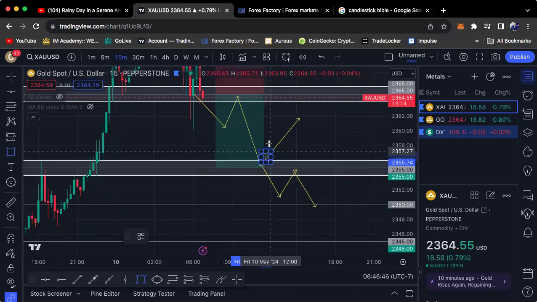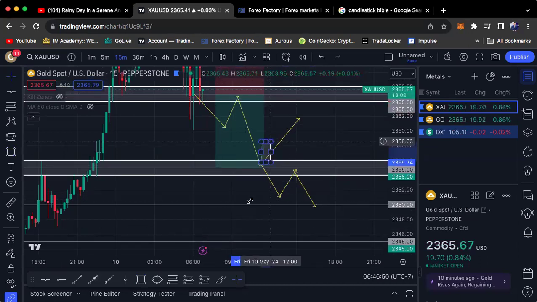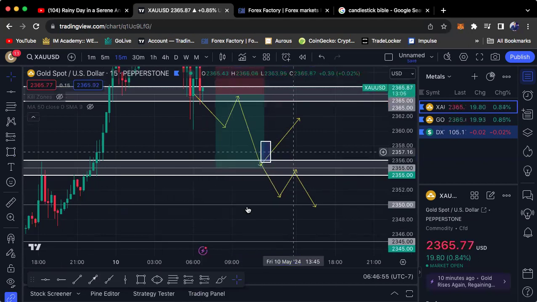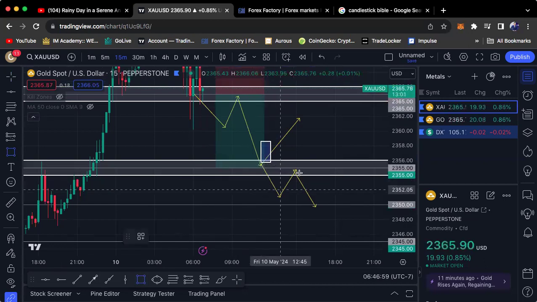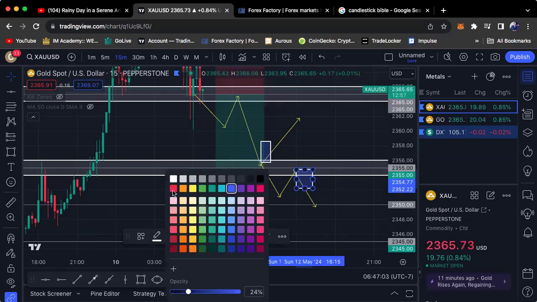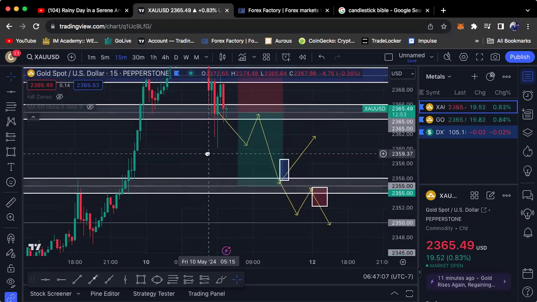Wait for the bullish candle here. Wait for the bullish formation there. If it breaks below, then wait for the bearish confirmation here.